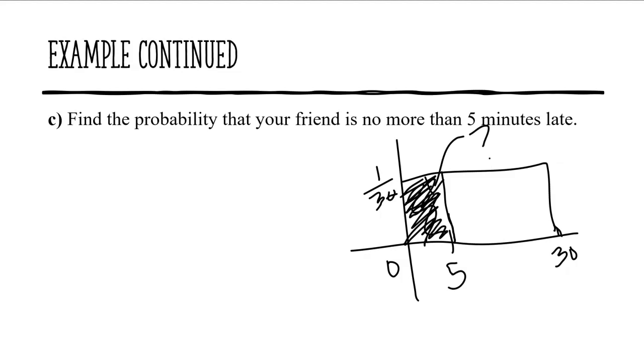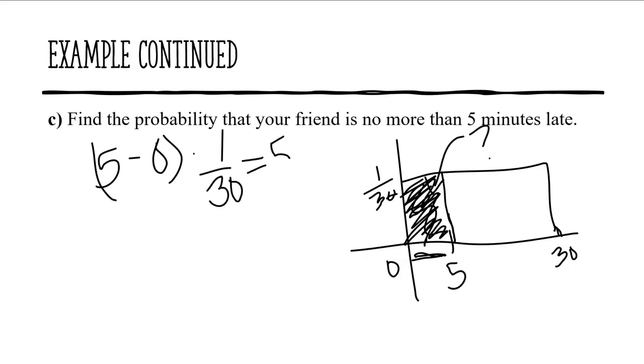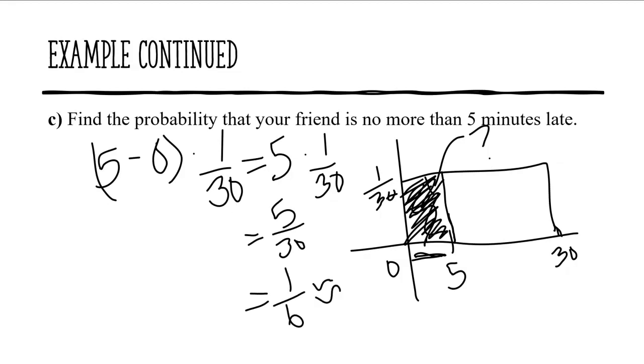To find that area, I need this distance here, which is going to be 5 because it's 5 minus 0. I'll write that on there so you can see. Times the 1 over 30 probability. So that gives me 5 times 1 over 30, which is equal to 5 over 30, which reduces to 1 over 6, which is approximately 0.167.